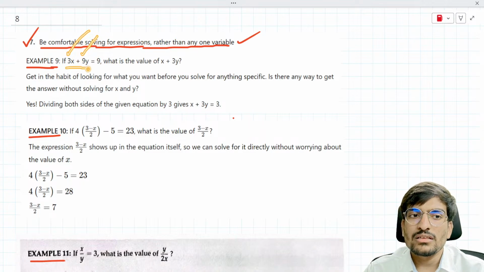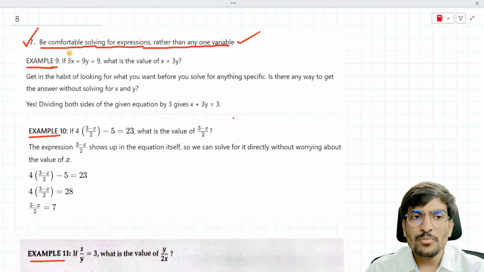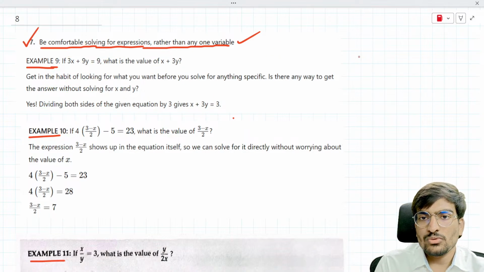Like this LHS is multiplied by 3. So if you just divide this complete equation by 3, what do you get? If you take 3 common in the LHS, you get 3 into x plus 3y. That is the same as this. So divided by 3, this 3 goes out, and 9 divided by 3 we end up with 3 as the result. Let me do it.